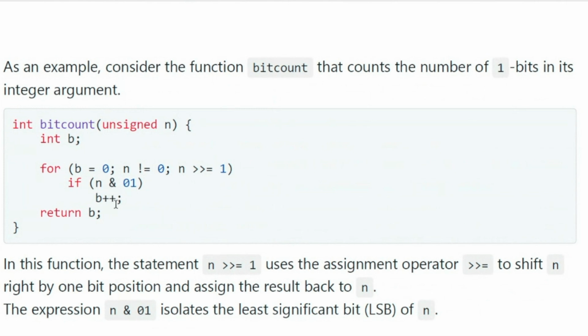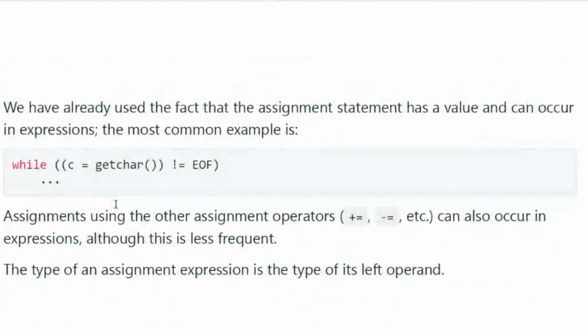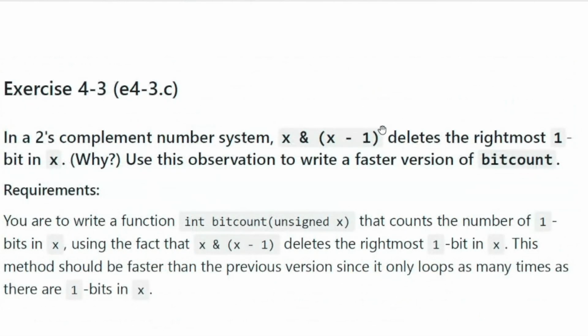So that's a little bit slow, right? Because if the number is 32 bits long, you have to do that 32 times. But if we use this operation here, because it always deletes the rightmost 1 bit, every time you run this, you will get rid of 1 bit, and you can count 1 bit from there, right?